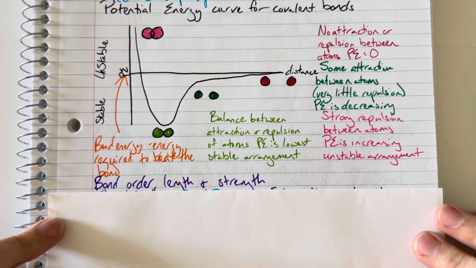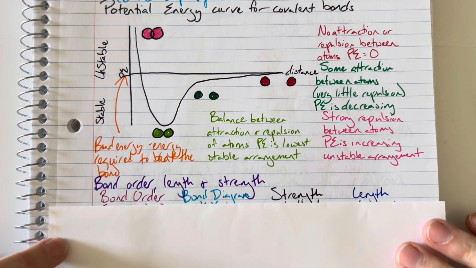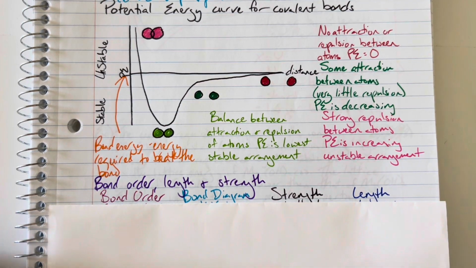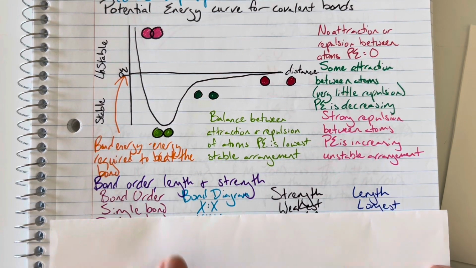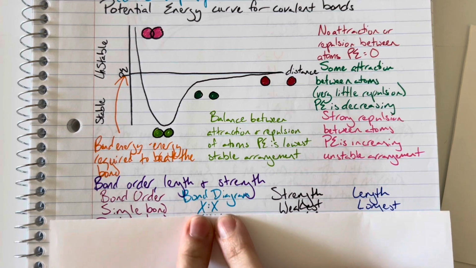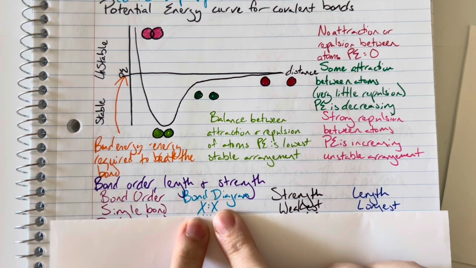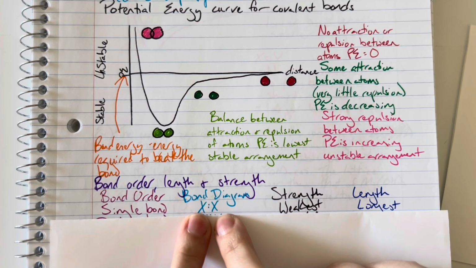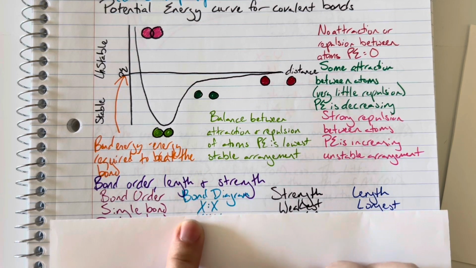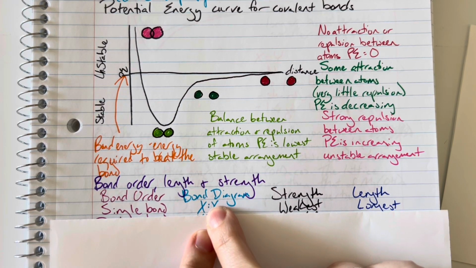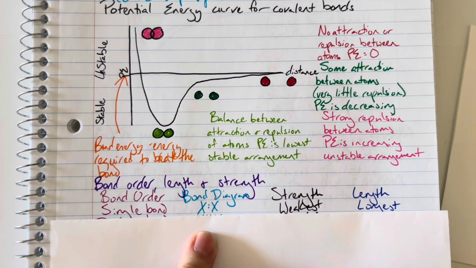When we're talking about bond order, length, and strength, we will discuss utilizing a table. Next up, we're going to be dealing with the single bond. Bond diagram that you could see here between the example atoms XX is just 2 valence electrons being shared. You might also see a line.